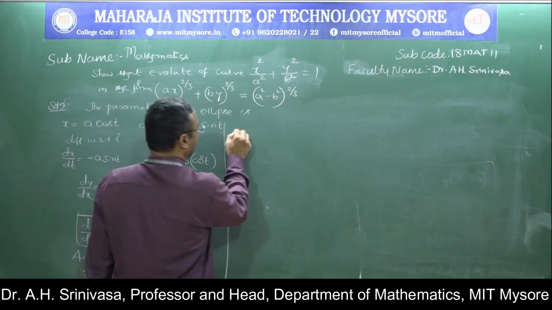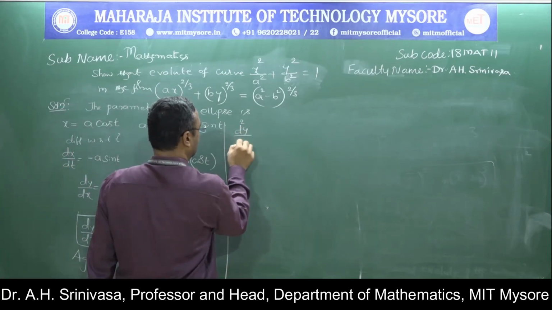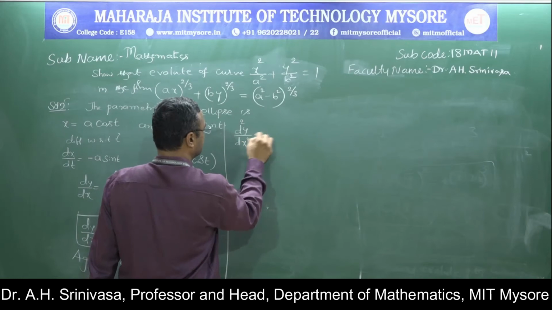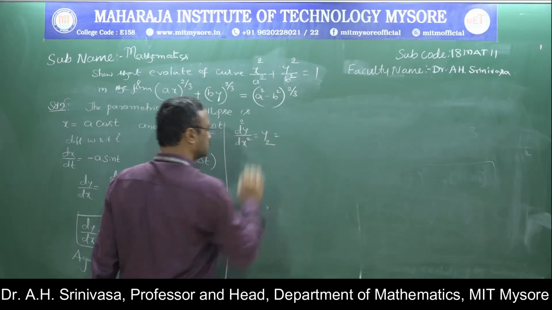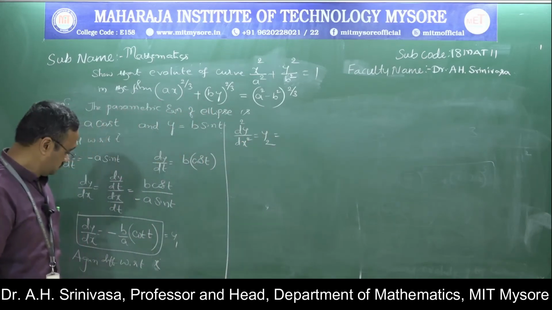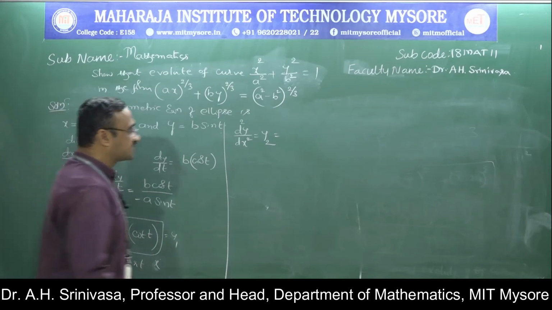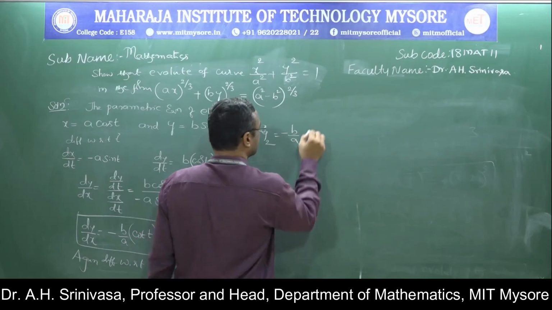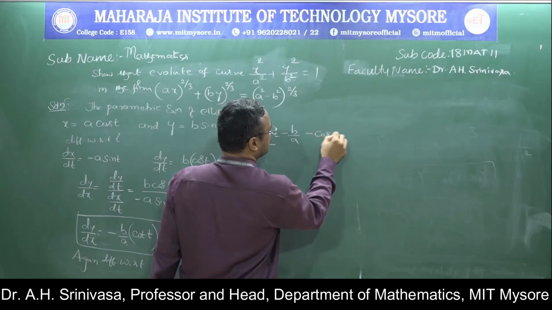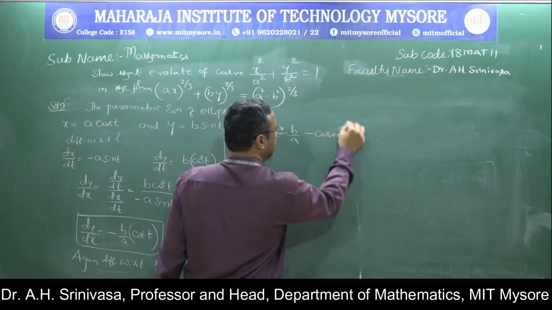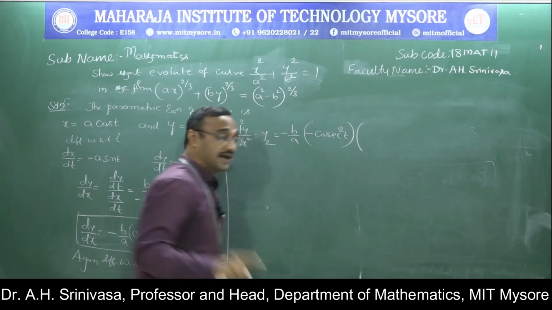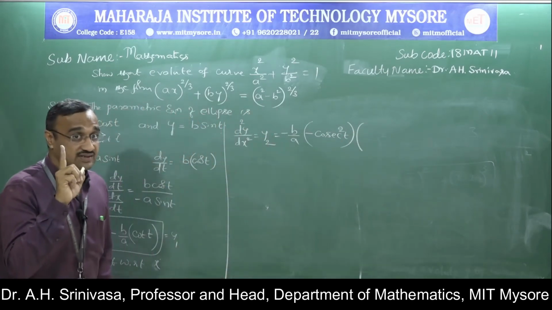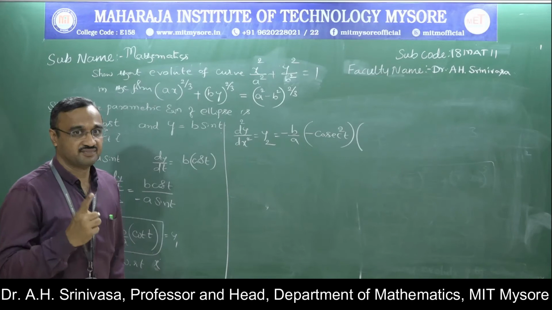What do we get now here? It is d square y by dx square, or simply we can also call it y2, minus b by a constant. The differentiation of cot is minus cosecant square t into, I am doing a differentiation with respect to x now, not t.